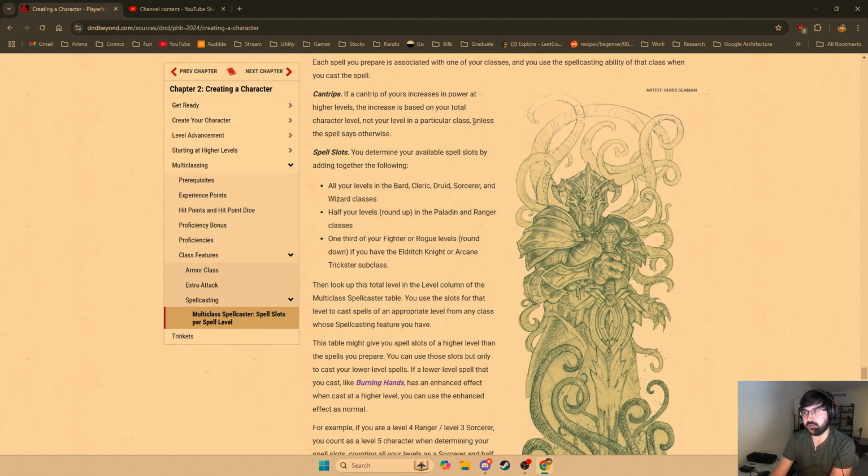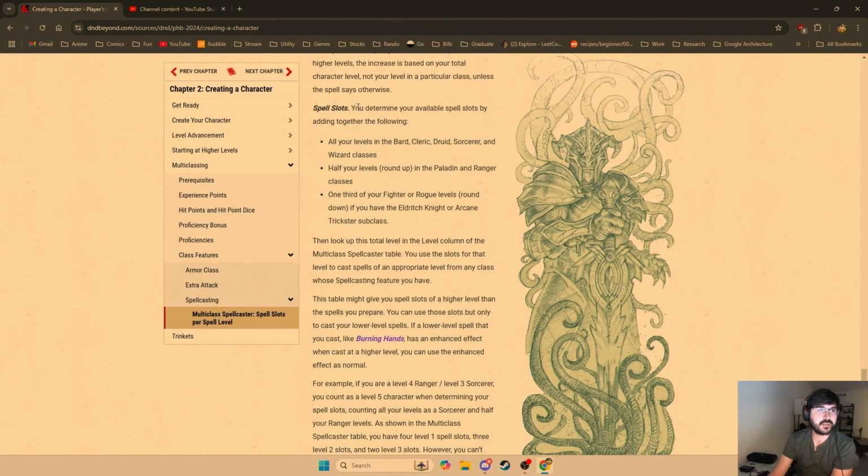So that's something to note. If you take a level 1 dip into Warlock and then never spend time in Warlock again, Eldritch Blast is still getting stronger as you level up in general, even though you don't necessarily get all of the Warlock features.